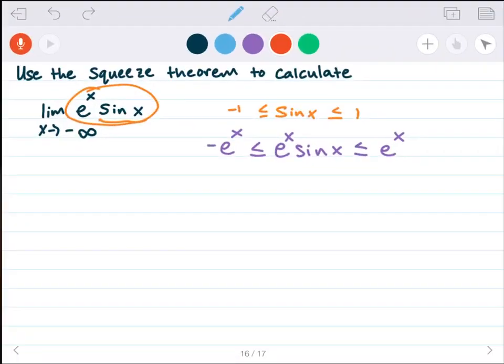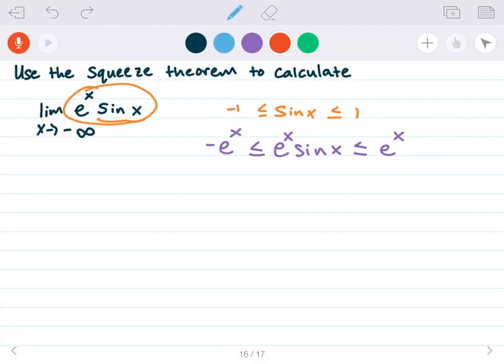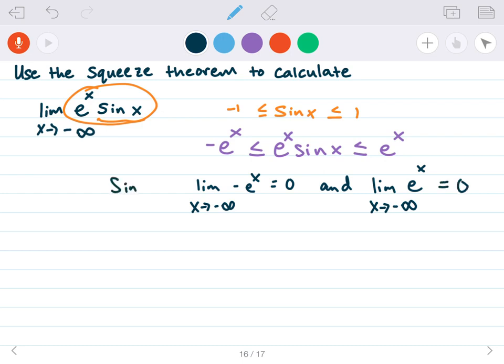Okay, so the limit as x goes to negative infinity of negative e to the x is equal to 0, and the limit as x goes to negative infinity of positive e to the x is 0. So since this is true, then the limit as x goes to negative infinity of what we were interested in to begin with is also equal to 0.